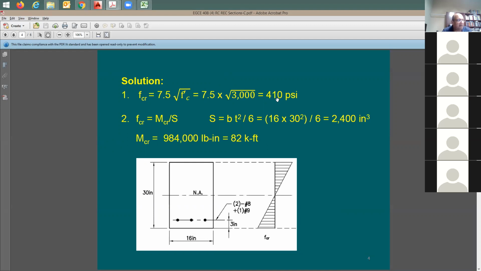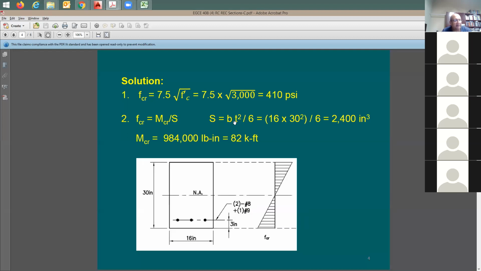How can I find the cracking moment? In this case, the entire section is going to be exposed to homogeneous stress because the beam is not cracked yet, and the rebars are ignored in my analysis because I'm still within the cracking point.